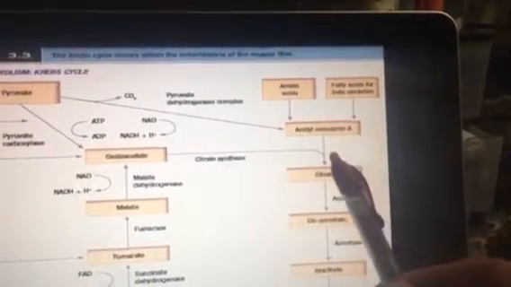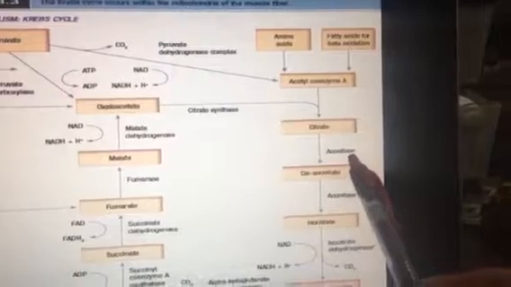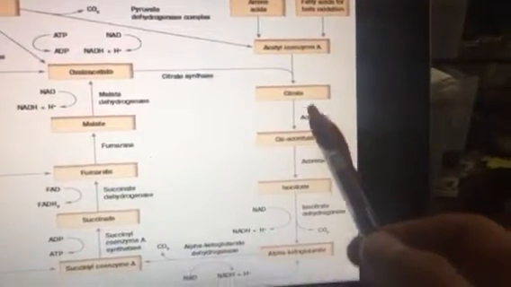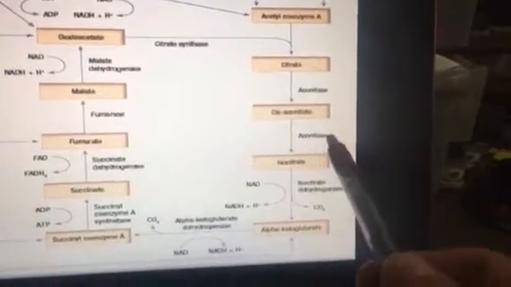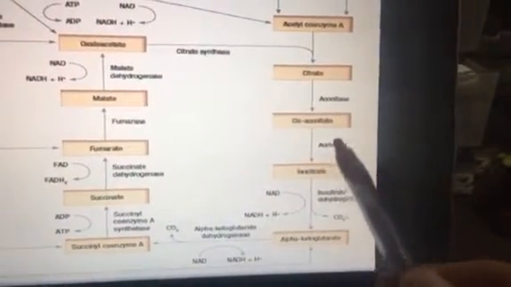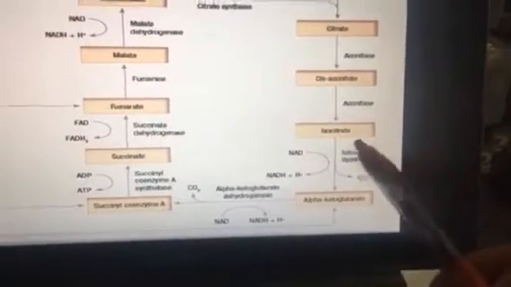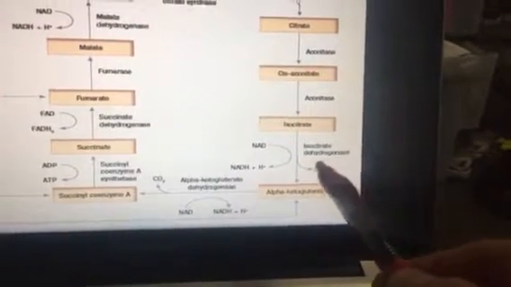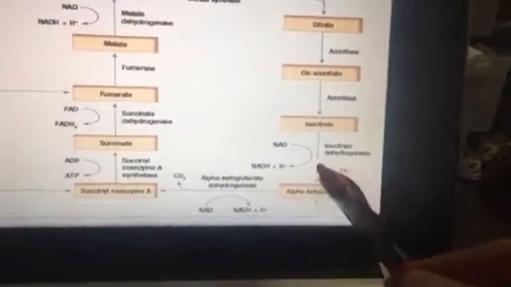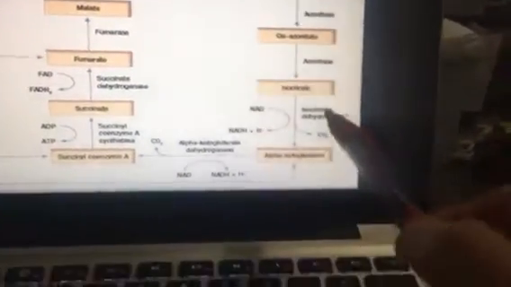Then it is moved down to citrate. Then with another enzyme, aconitase, it is moved to cis-aconitate. With the same enzyme, aconitase, it is then moved to isocitrate. Then with the enzyme isocitrate dehydrogenase, you have a byproduct of CO2 while producing some ions right here.